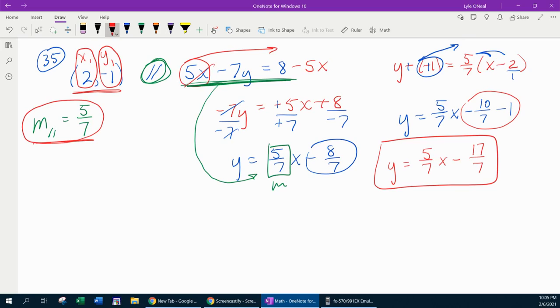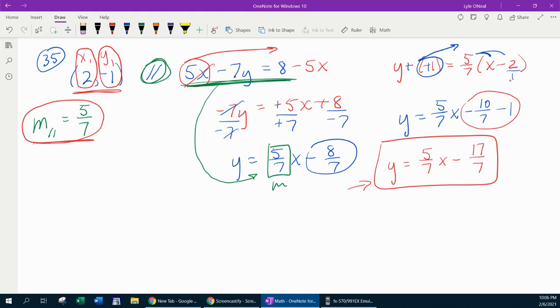Now, as a bonus for this one, let's assume they said the answer needs to be written in standard form. So how could I go from slope-intercept form to standard form? Well, the first thing I would need to do is get rid of those fractions, and that means I'm going to multiply everybody by 7.